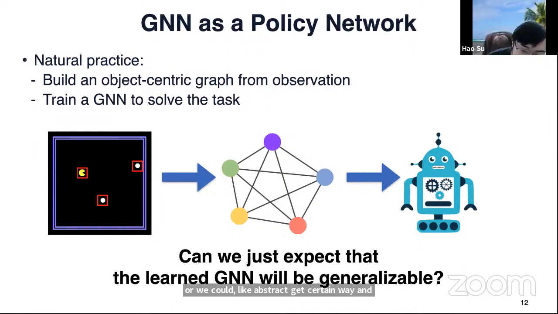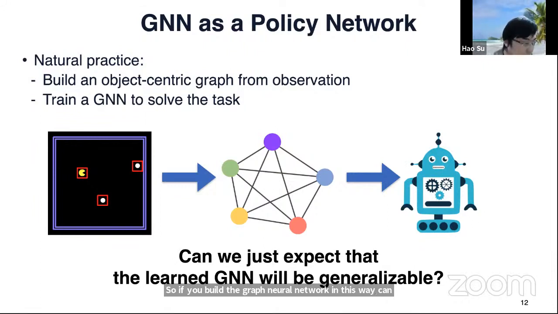And then we put interactions between the nodes and train a GNN to solve the task. Maybe we could even put in a certain kind of attention mechanism so that it learns better to focus on certain nodes or certain relationships.